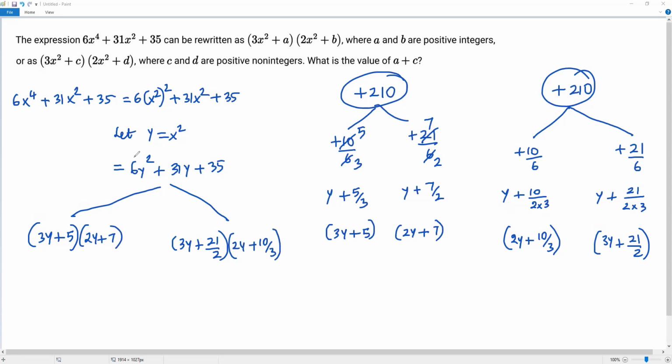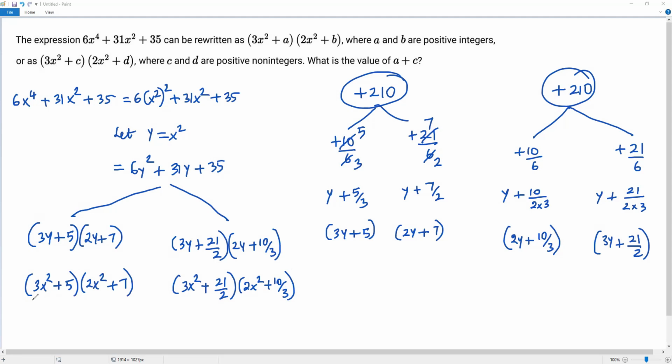Actually, y was taken by us. It has to be replaced by the original stuff, x squared. So let me plug in x squared for y over here, here, here, and here. Then we get (3x squared plus 5) times (2x squared plus 7). The same thing, (3x squared plus 21 over 2) times (2x squared plus 10 over 3).